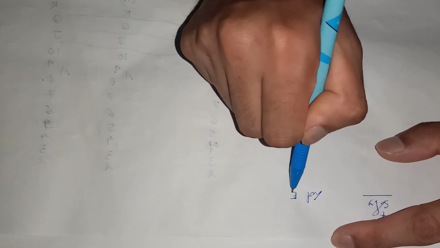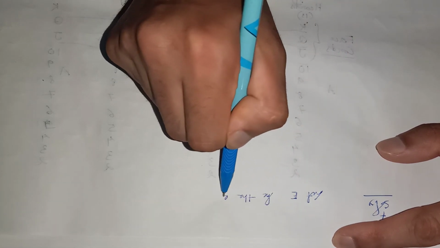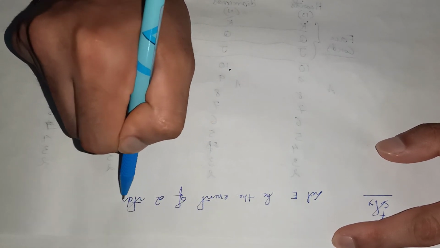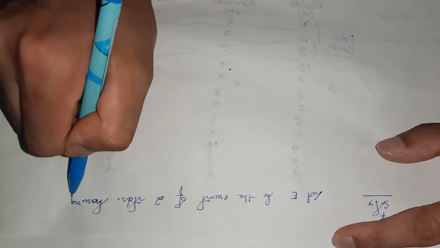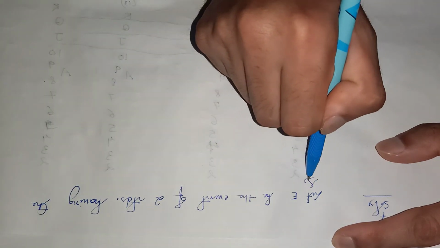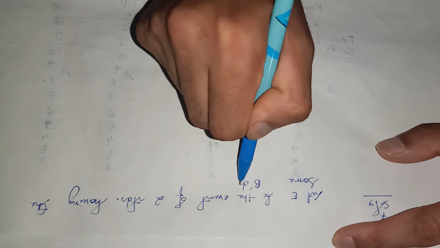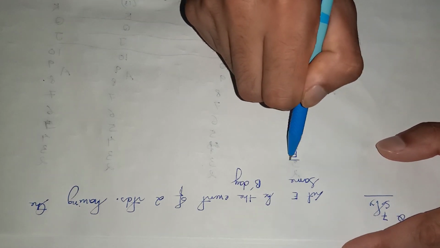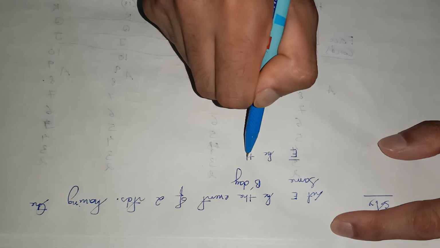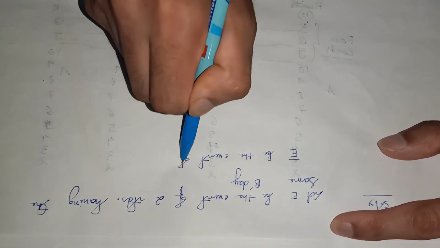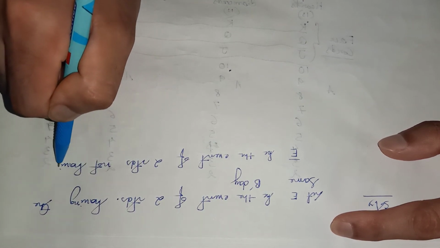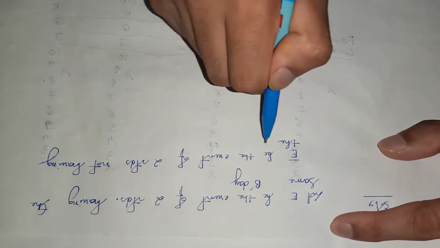So let E be the event of two students having the same birthday. Then E bar or not E will be the event of two students not having the same birthday.